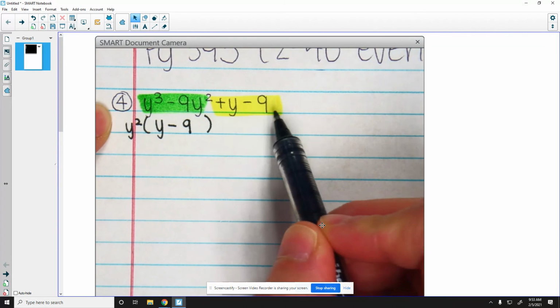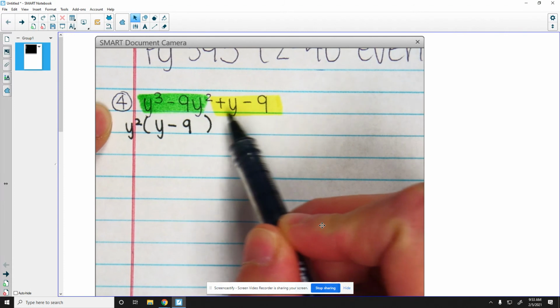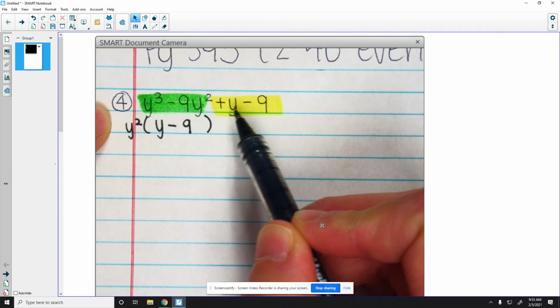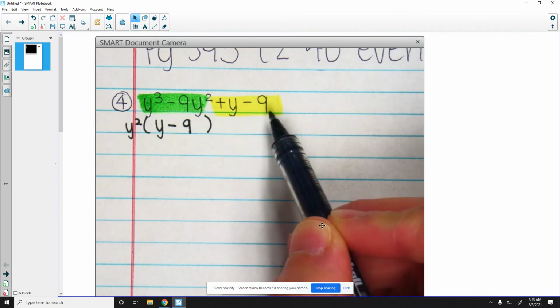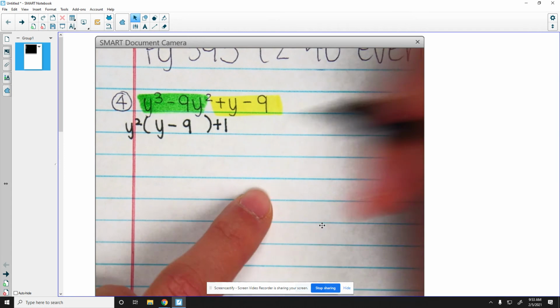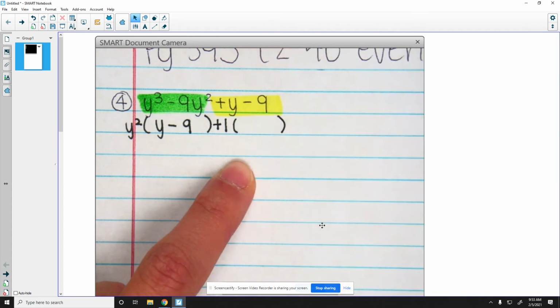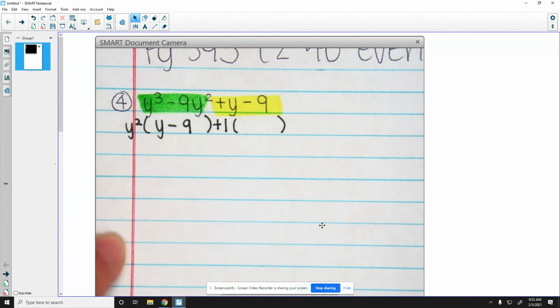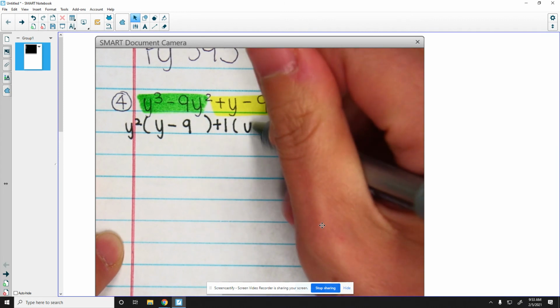Somebody online, is there anything that I can take out here? 1. Yeah, there's nothing to take out, right? I can't take out a y, I can't take out a number, so if I can't take out a number, I always put a 1. So what's left over? y minus 9. Thank you, because nothing changed.